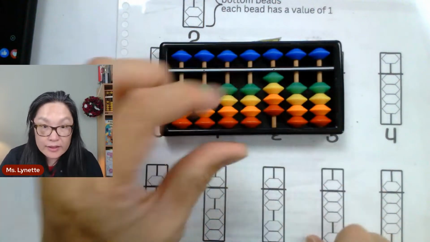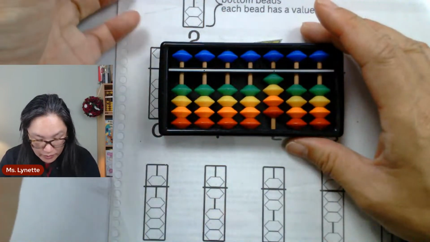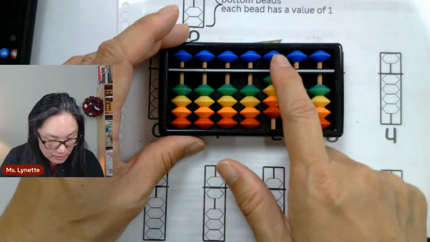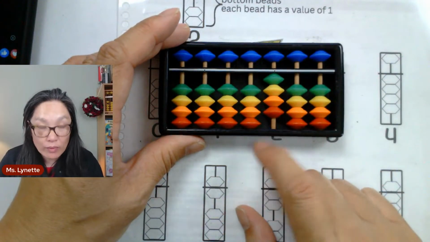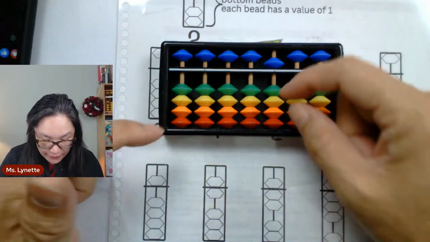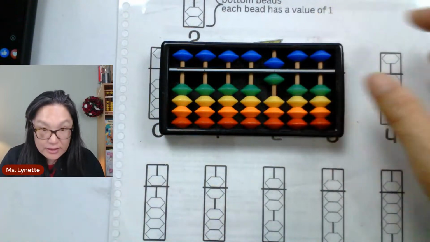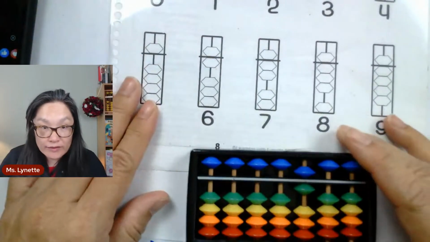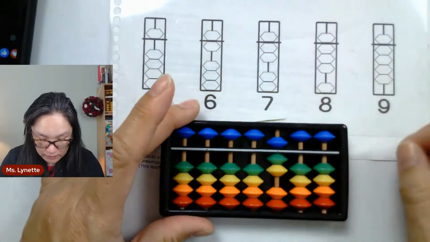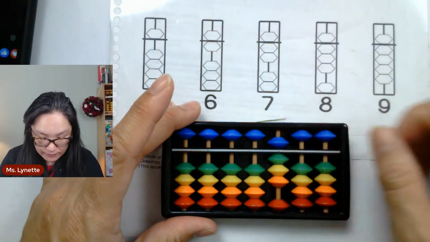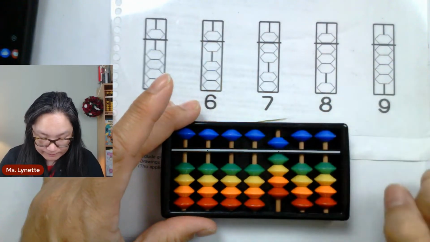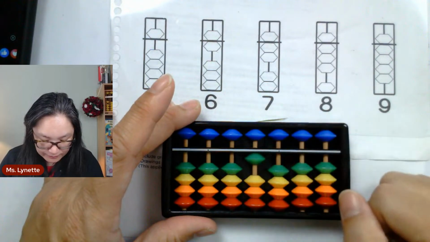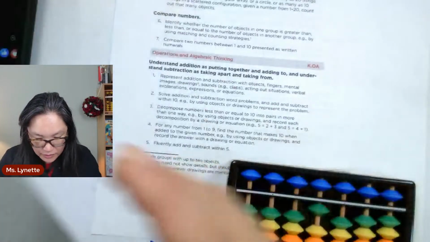After 3 is 4. So the abacus mimics the way we write. So after 4 we have 5 and then 6, 7, and then we have 8 and then we have 9 and then 10. So that's interesting.